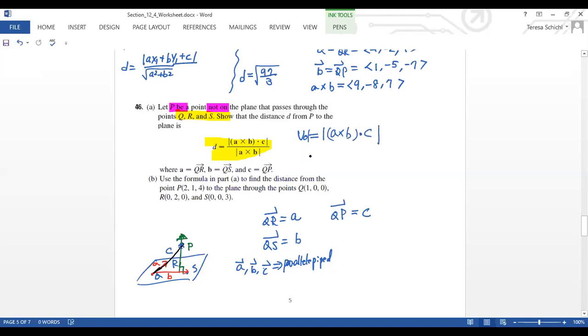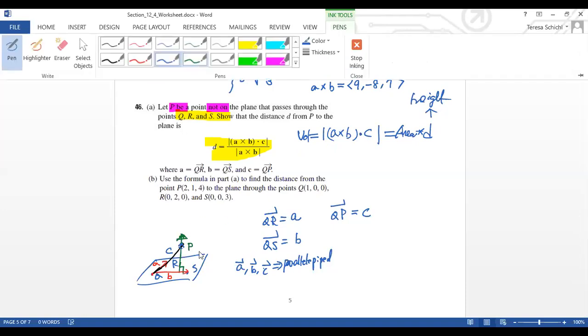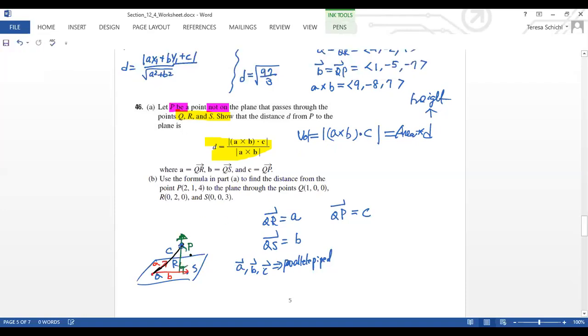We also know the volume is area times the height, right? Here the height is our distance, so it's this here.